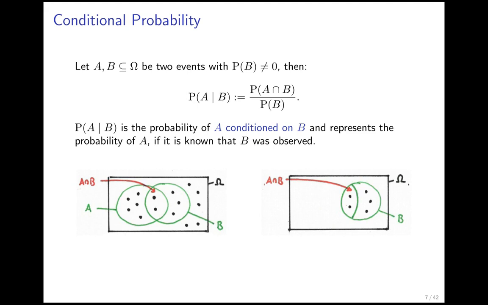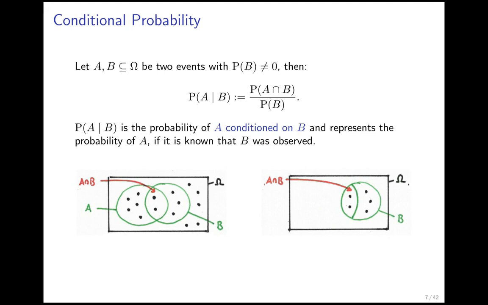Let's formalize this idea that we can see in this example. So we take two events A and B, and we are going to condition on the event B. And in order to do this, we require that this event B can actually happen. And this means that it has a probability which is different from 0. It has to have a positive probability.